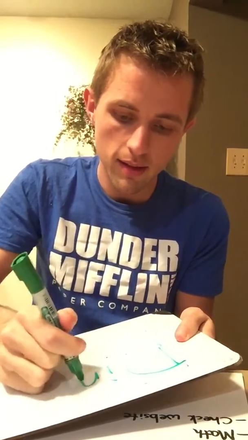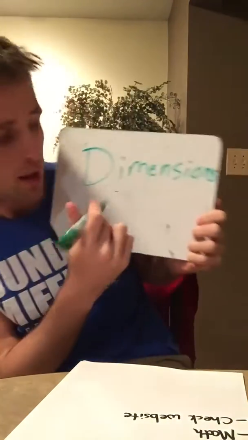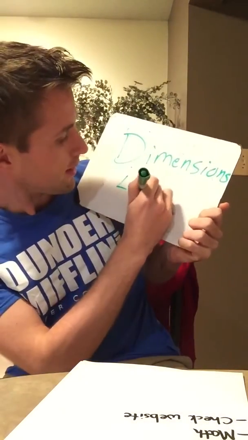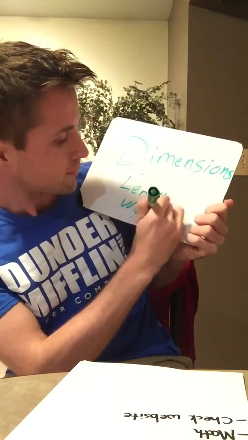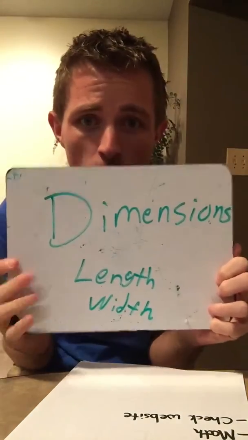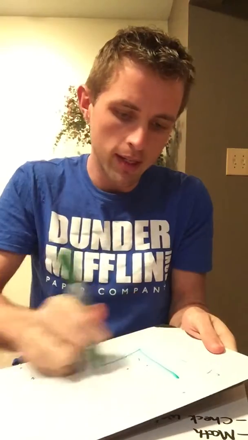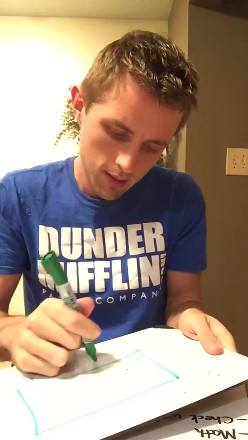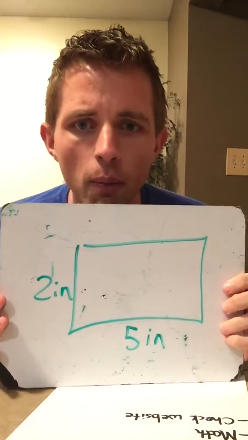And then let's also just remember dimensions. Remember, dimensions is just a fancy word for your length and your width. Now, when it comes to length and width, let's say I have a rectangle here. Five inches, 2 inches, you see that? Which one would be the length?